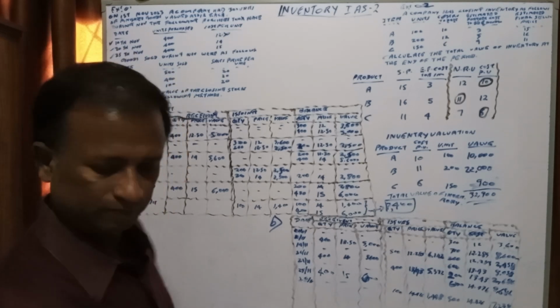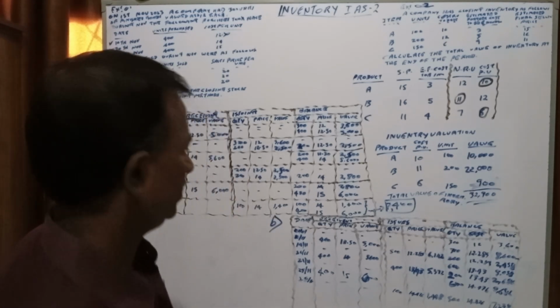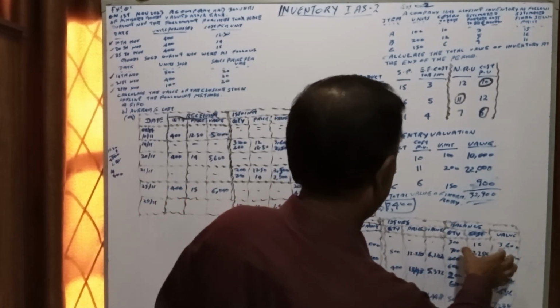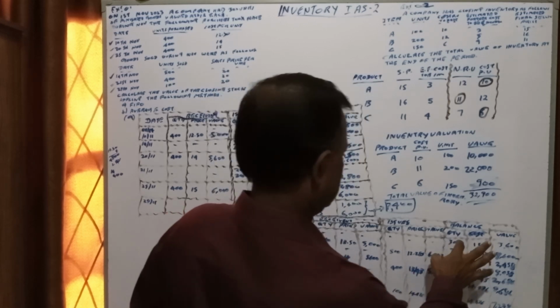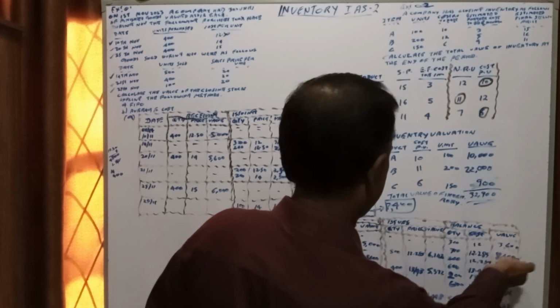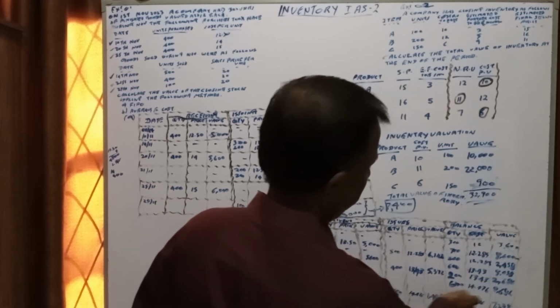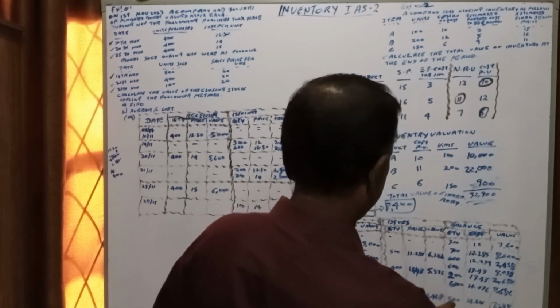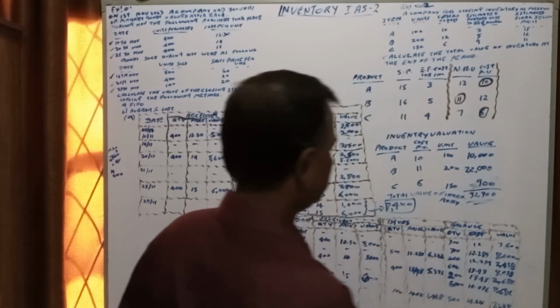So we have done the average method. Under the average method, what we are doing is taking these two prices and taking the averages. Every purchase will have an average price, and there won't be any difficulty in finding the cost price.